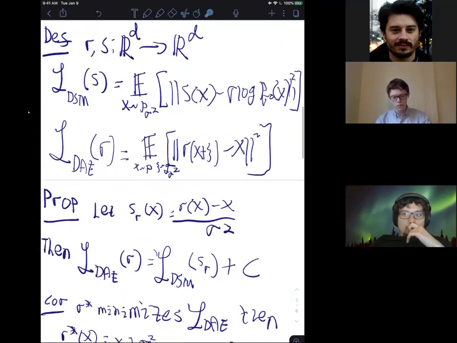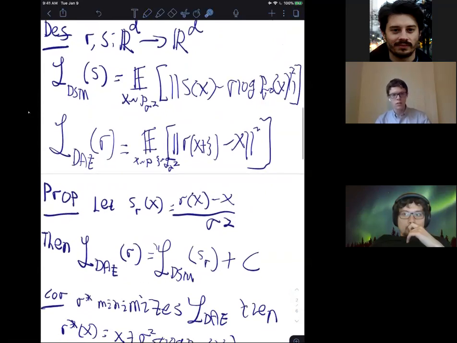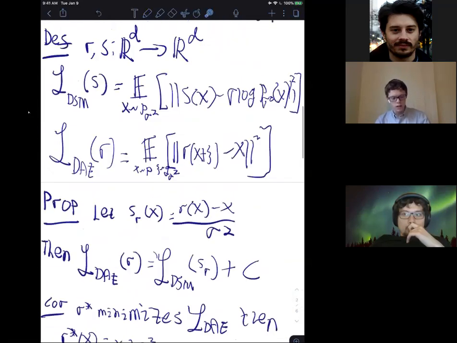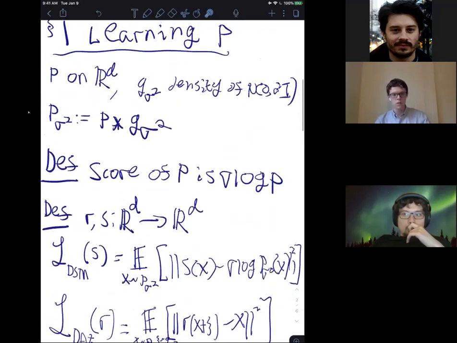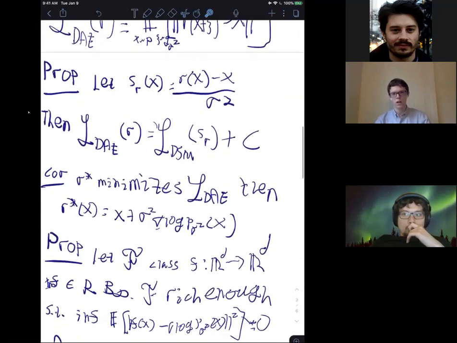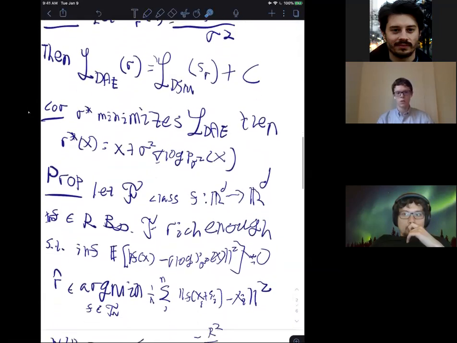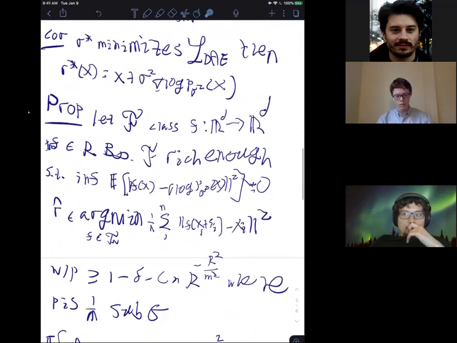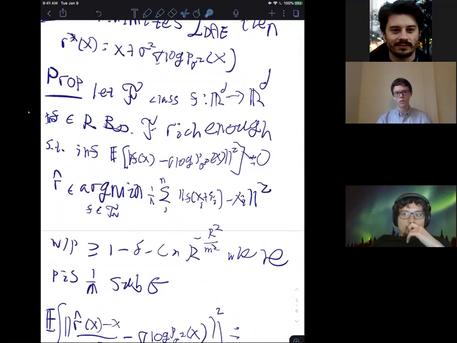But to me, I think that the DAE and the DSM are equivalent, and that the empirical processes for the DSM and for the DAE are well tractable. What they have are these noise conditional score networks, which is much more complicated because there are complicated dependencies within the data. So this is maybe a little bit more mathematically tractable, but it's the same loss, so you can go between these things.